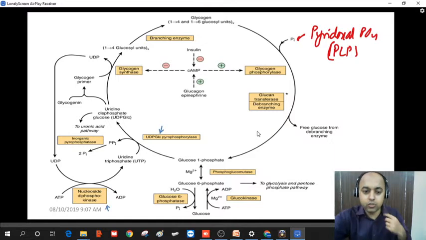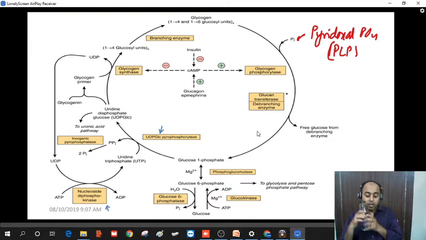Here I'll show you the diagrams for how the branching occurs and how the debranching occurs. Once I show that, after that you can ask any questions that you have.